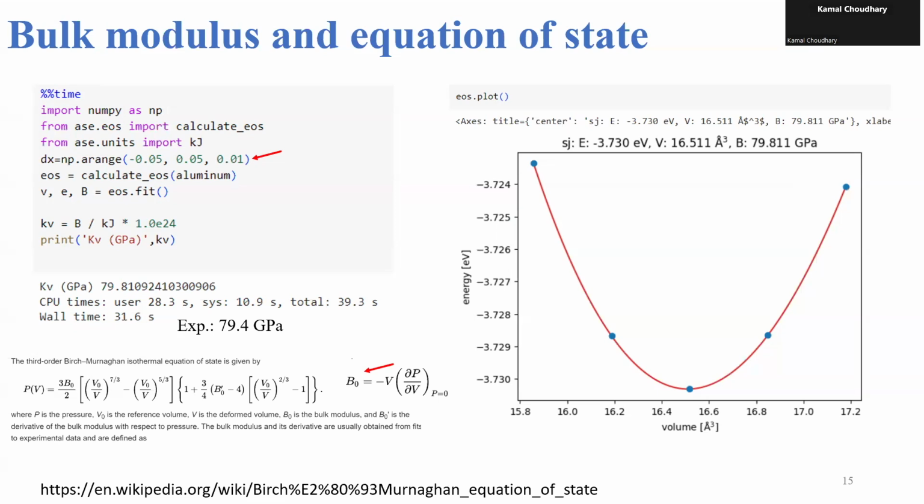It expands and contracts the aluminum cell and fits the equation shown on the left-hand side. By fitting this equation, you automatically get B0, which is the bulk modulus. On the right-hand side, I show you the parabola that comes from fitting this volumetric strain of the data.